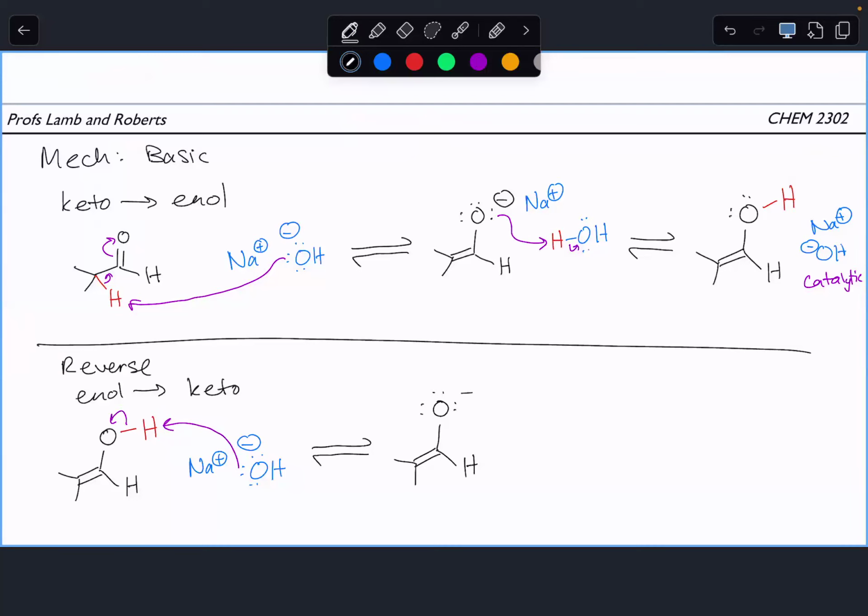Here's our O minus. Sodium is our counter ion. We formed water. Okay. So again, this is the weird arrow pushing. This is the arrow pushing that I want you to practice and get comfortable with, because all of next week, it's using this arrow pushing for a bunch of different reactions, okay?